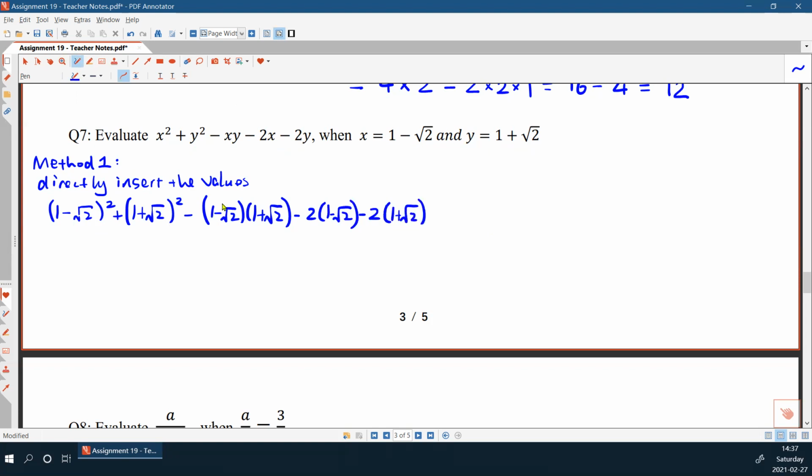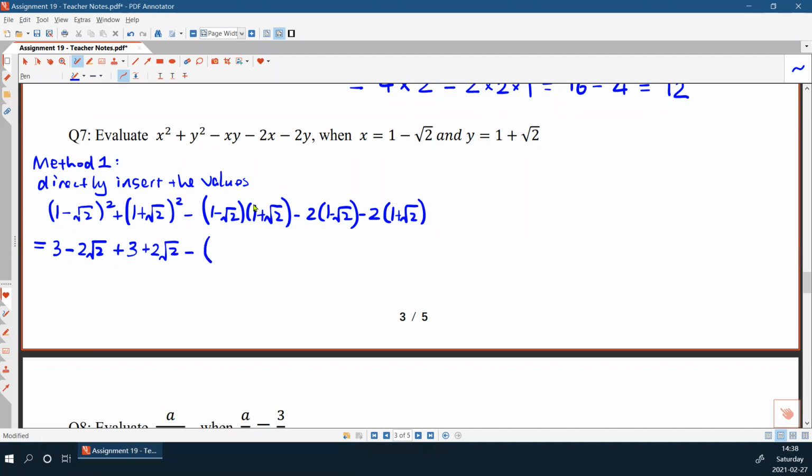So basically we directly insert these values here, and a minus b to the second order, this will give you a squared minus 2ab plus b squared, right? So you will get 3 minus 2 square root 2, right? Okay, next you will get 3 plus 2 square root 2.